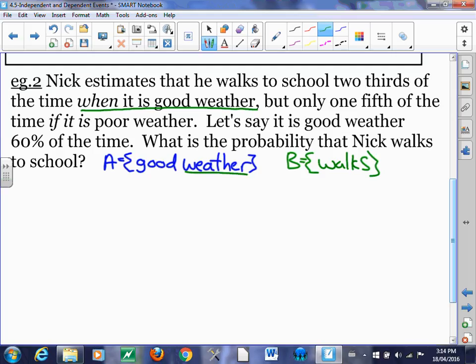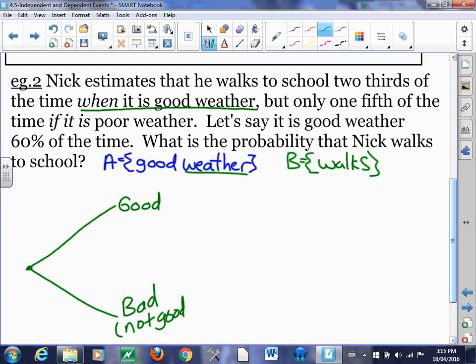Okay? Now, it's easiest, folks, to do this demonstration if I choose a tree diagram. Okay? So I'm first of all going to do the outcome of the weather. So either I have good weather or I have bad weather. Okay? Which means not good. Okay? All right, so that's event A. Event B, sorry, I should have done that in blue.